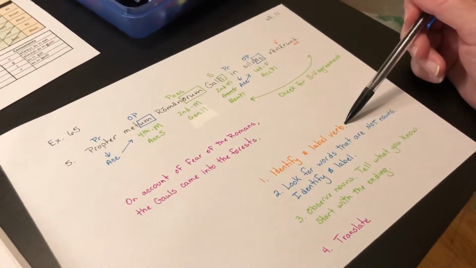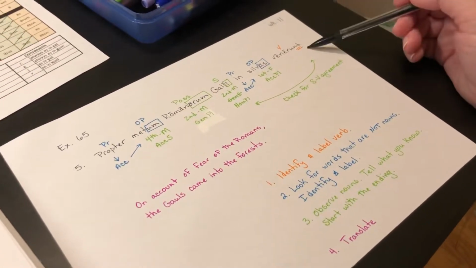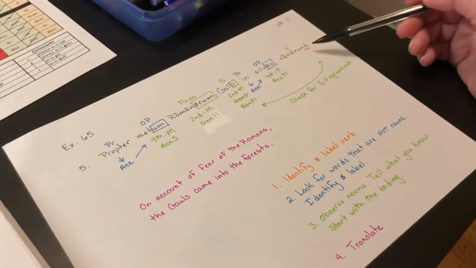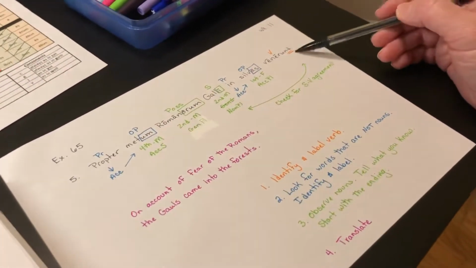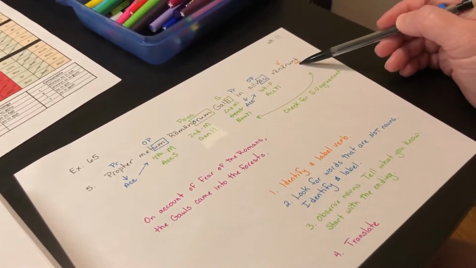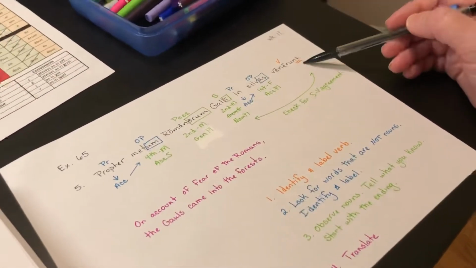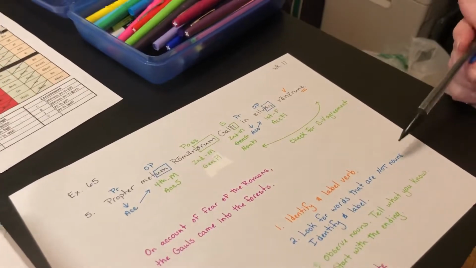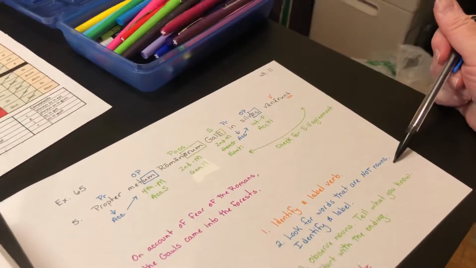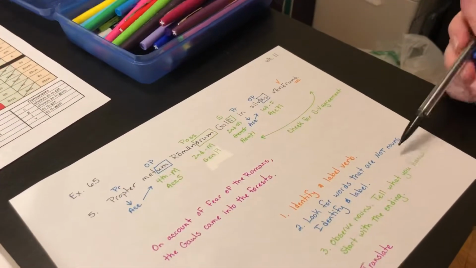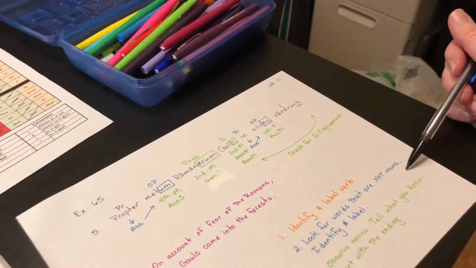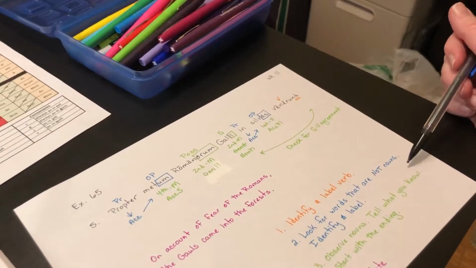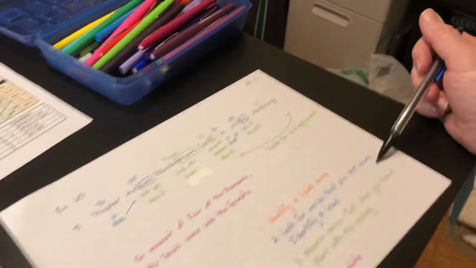Anyway, so I asked somebody to find the verb. We did. We labeled it verb. I'm like, singular, plural, and they're like, it's plural. So we double underline for plural, and single underline for singular. We then, instead of going straight to our nouns, I've kind of started looking for words that are not nouns. That way, if there are prepositions, we could identify the noun that goes with that preposition.